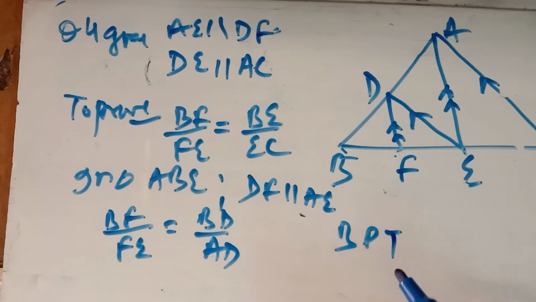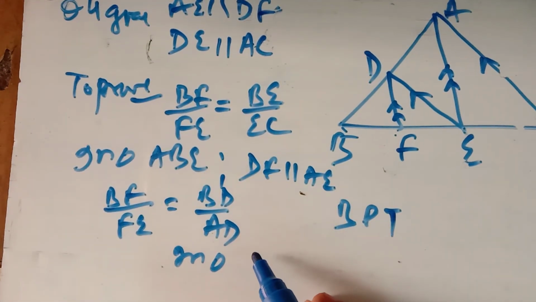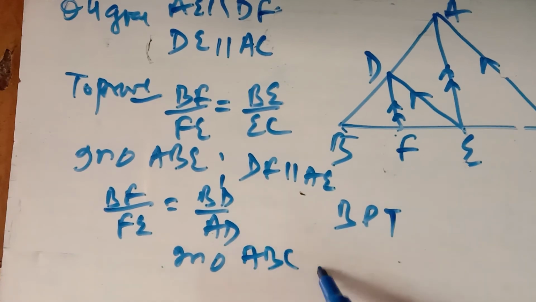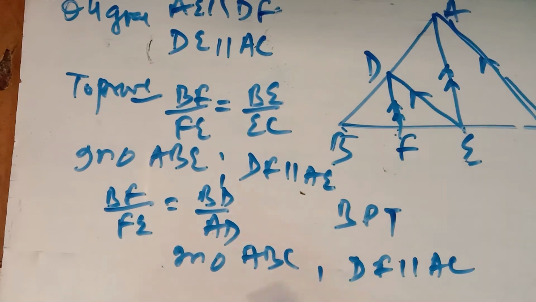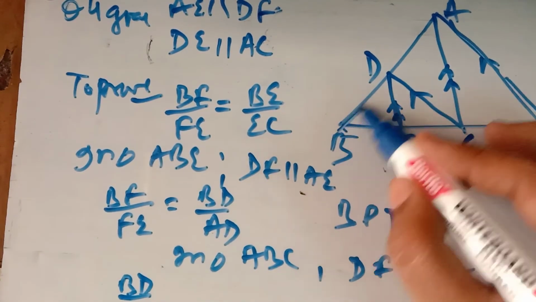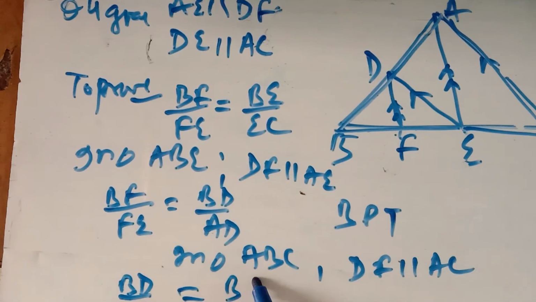Now in triangle ABC, DE is parallel to AC, so you can write BD upon AD is equal to BE upon EC. This is also BPT.